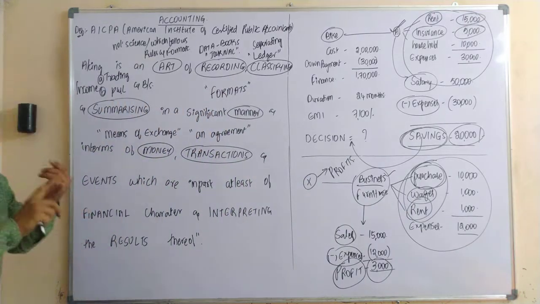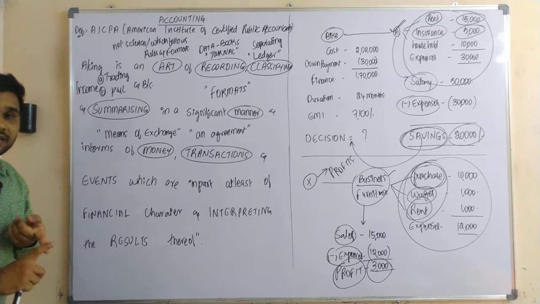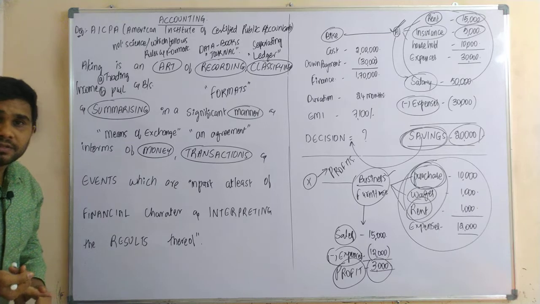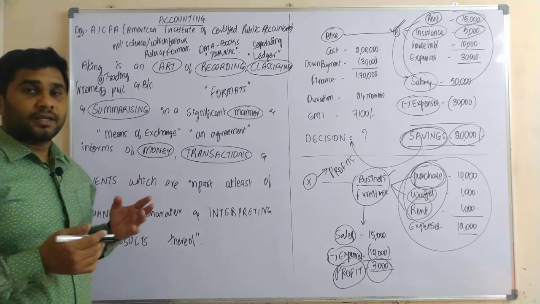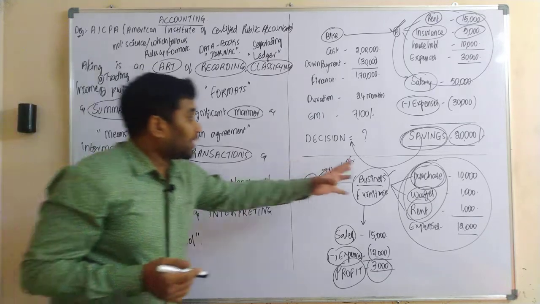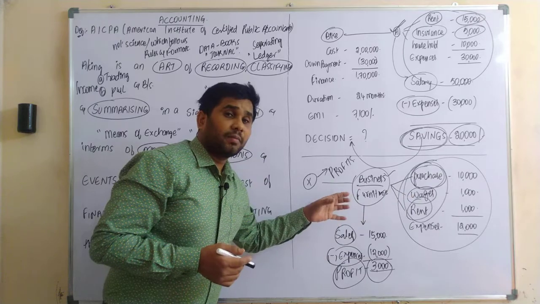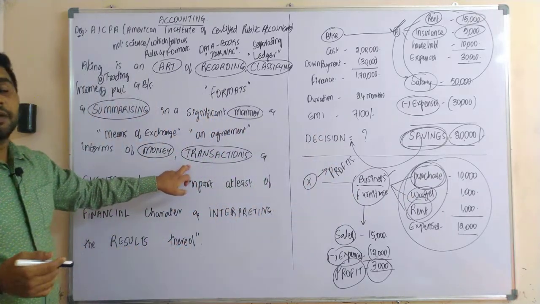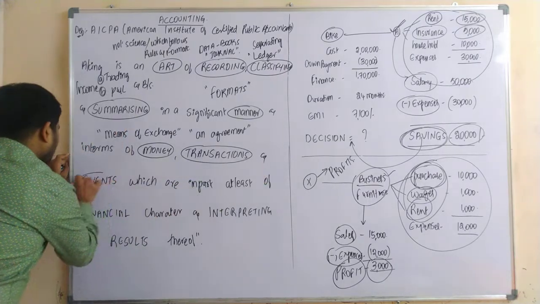Whether it is insurance, rent, electricity, taxes, purchases, sales, telephone expenses, postage expenses, stationery, anything it could be. Those agreements incurred between the business and other parties are called transactions, because they are nothing but agreements.